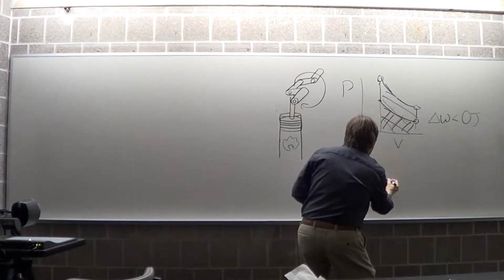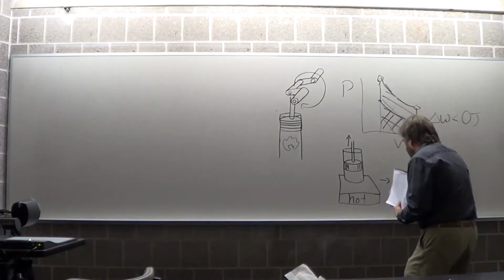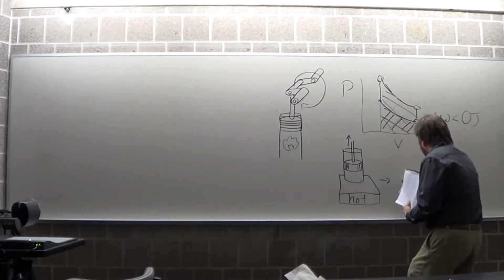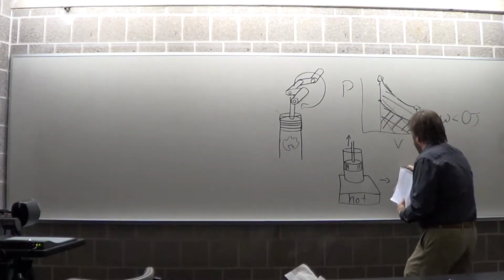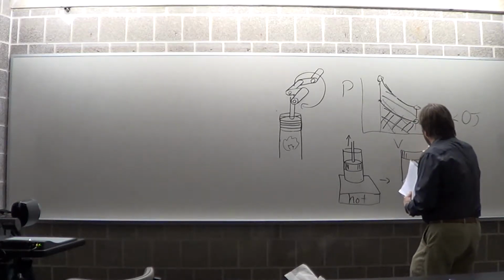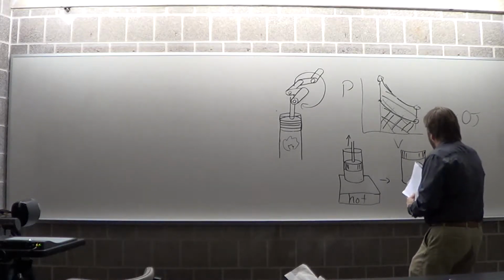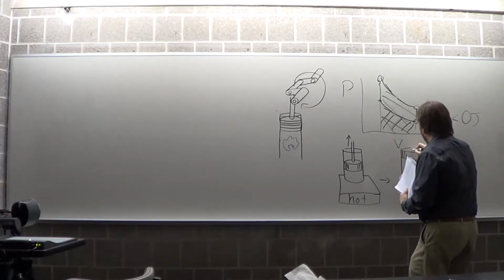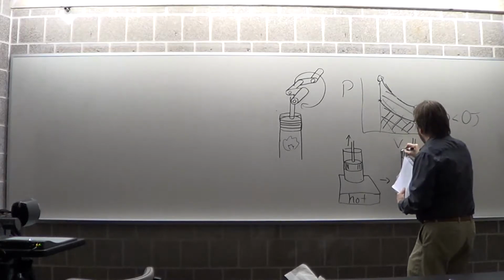Then what he does is say, well, okay, I'm going to take that same object, now expanded, and of course he puts it on a cold block. There we go.